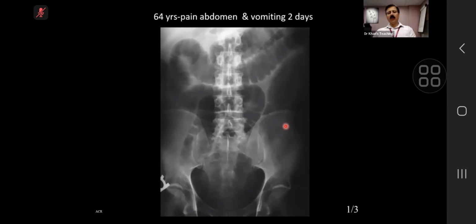Right. Now, if you go back to the basics, this is a very tricky film. Actually, you remember, how do you differentiate between small bowel and large bowel loops? Picture frame is why you are confused in this case. Picture frame is one thing where large bowel loops are at the periphery and small bowel are in the center.